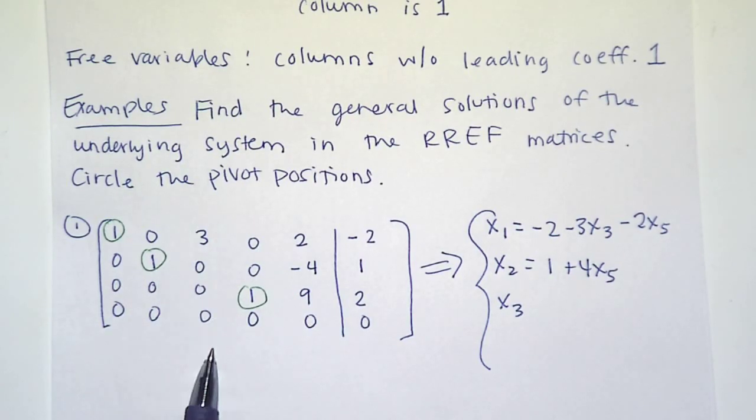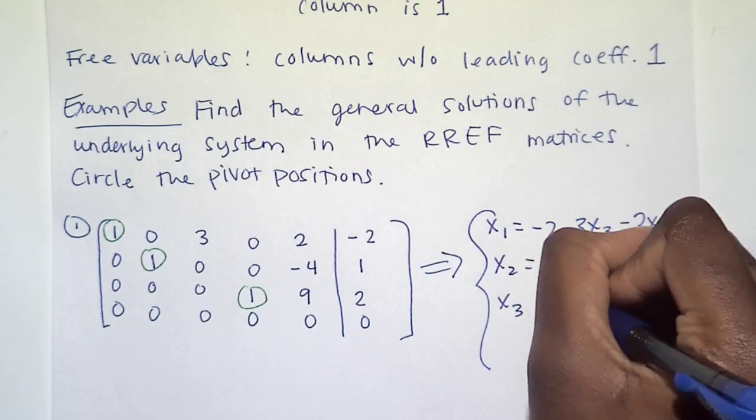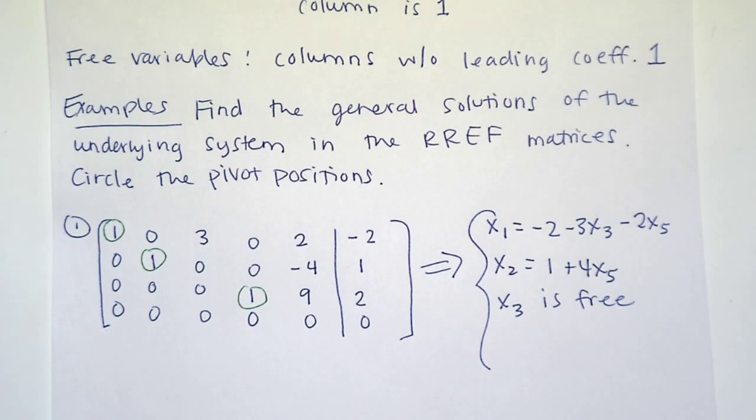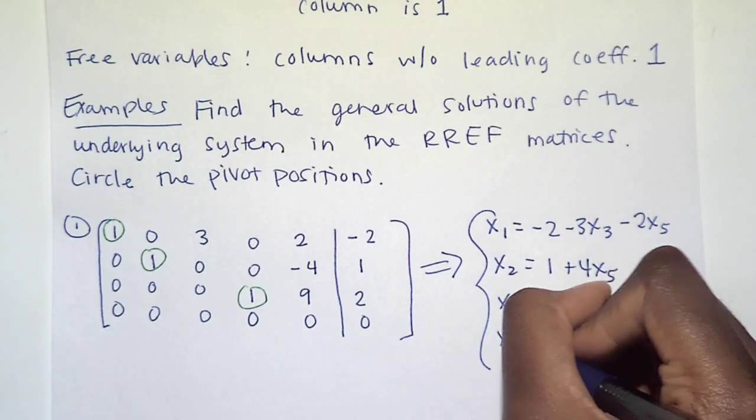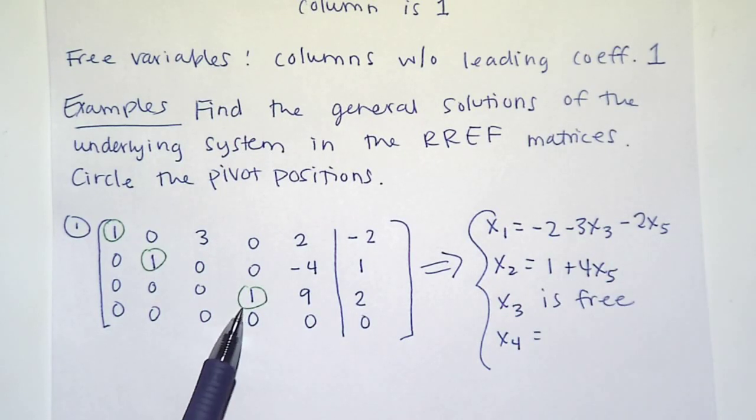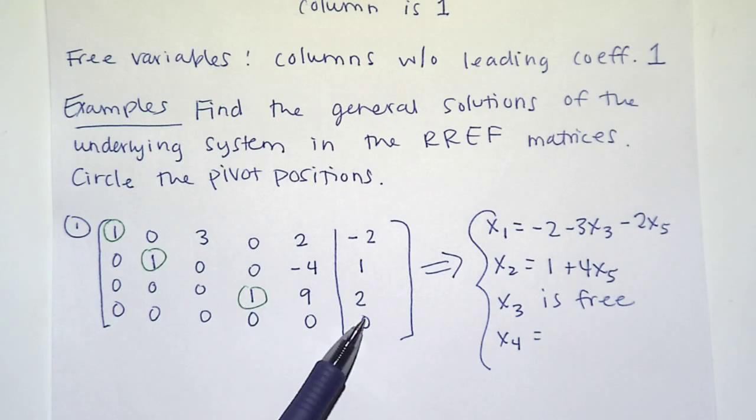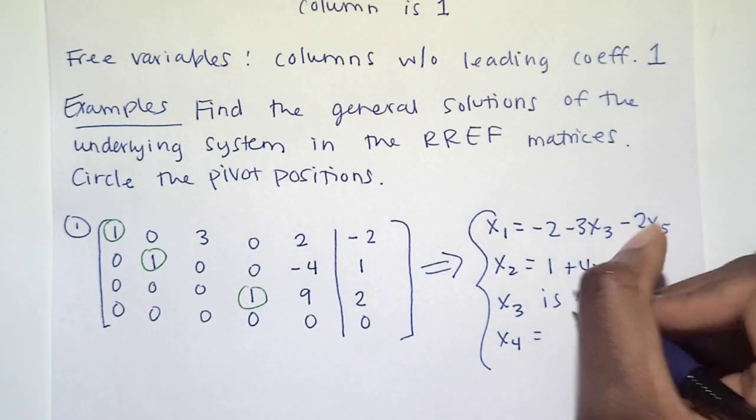x3, so we're looking at the third column. There is no pivot here. All right, so we know that x3 is free. x4, column 4, so we got 2 minus 9x5.